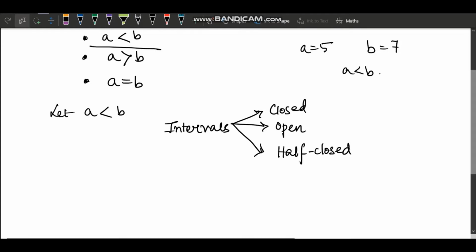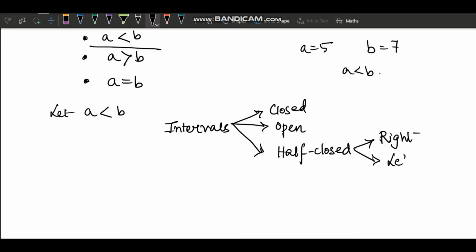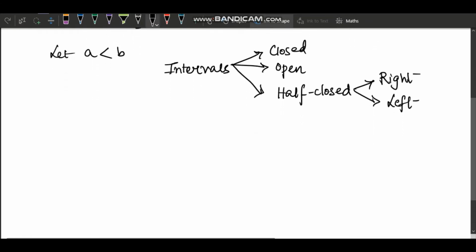So half closed intervals can be right half closed, or left half closed, or right half open and left half open. So let us first understand what we mean by closed interval, then we'll gradually discuss open intervals.